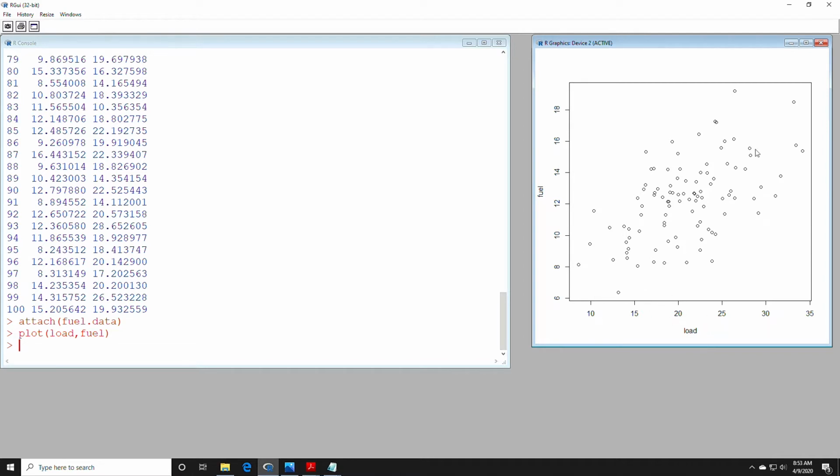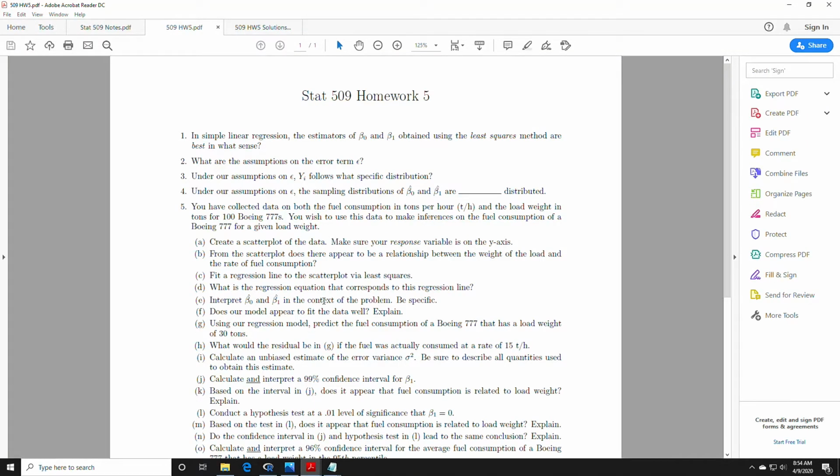As one goes up, the other goes up. Because notice we don't have some sort of a curvature. We don't have some sort of an up and down, right? So it does look linear, a straight line. It's just that there's a lot of variability, right? But nonetheless, the relationship is there, okay?